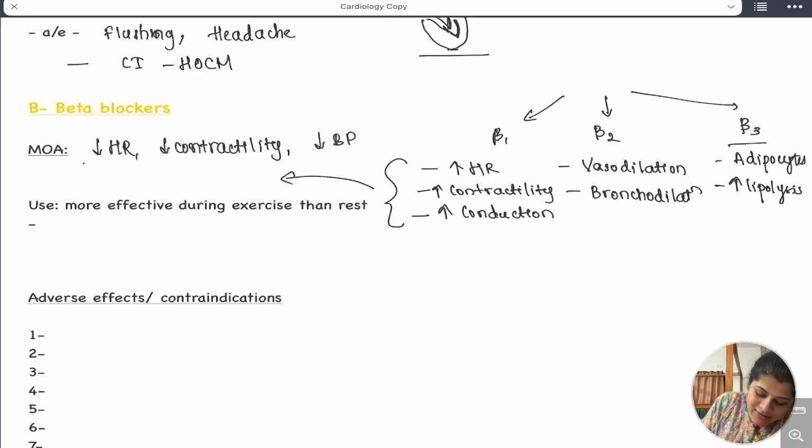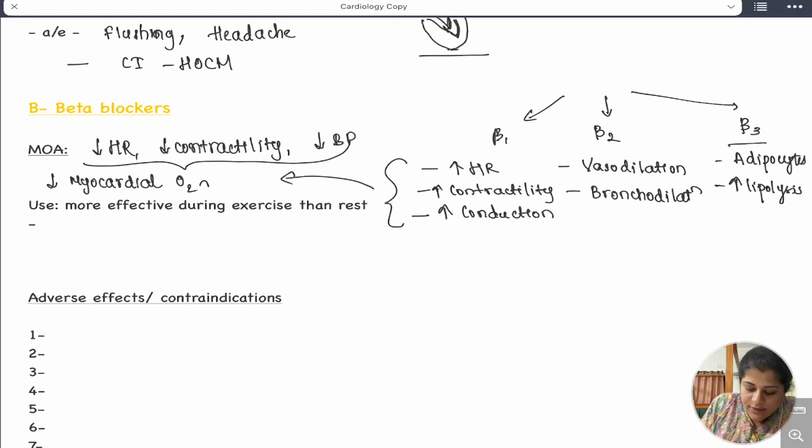All these things decrease myocardial oxygen demand. That is how they reduce angina. Increase in heart rate and blood pressure happens mainly when a patient is exercising. Therefore, these are mainly effective during exercise rather than rest.